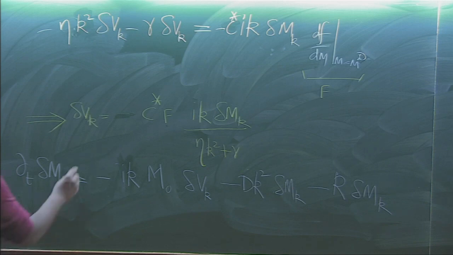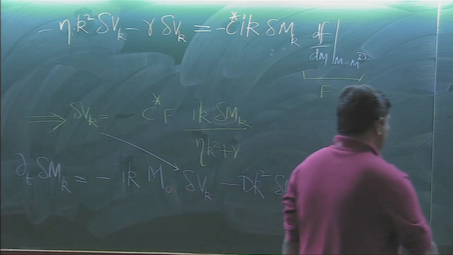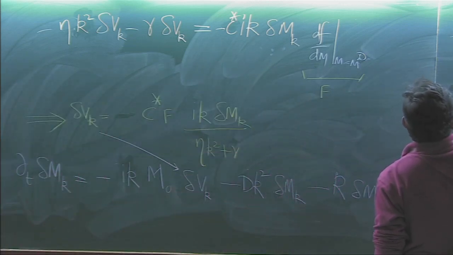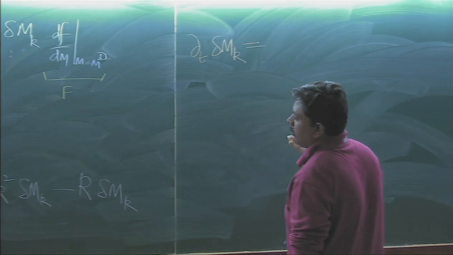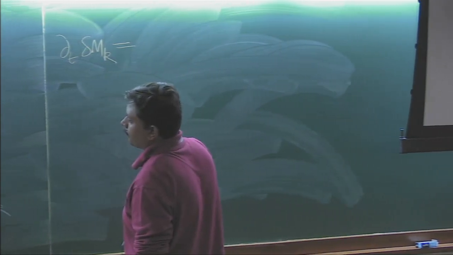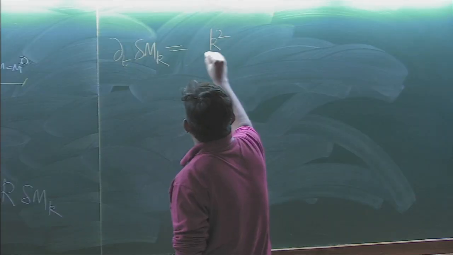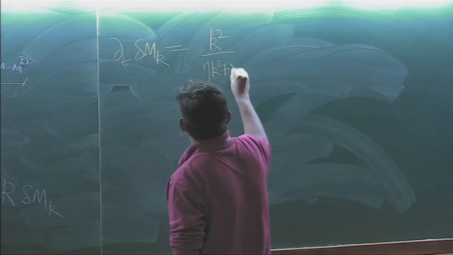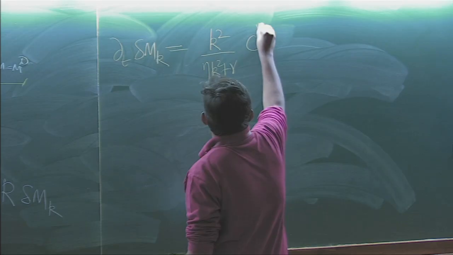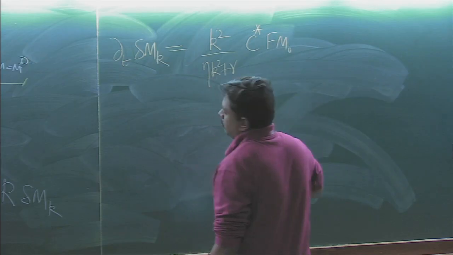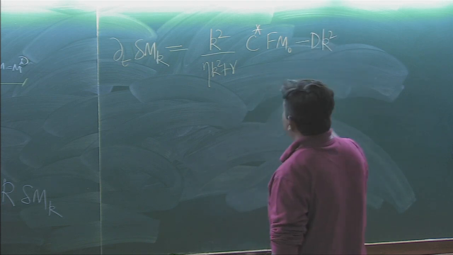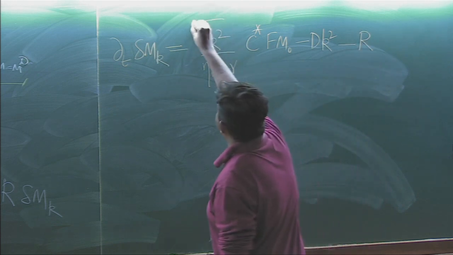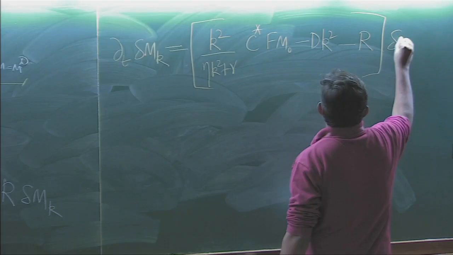So now we substitute the delta Vk from here. And then you'll get an equation for the evolution of the perturbation. It will be essentially k square by eta k square plus gamma, C star F m naught, minus D k square, minus r, times delta mk.